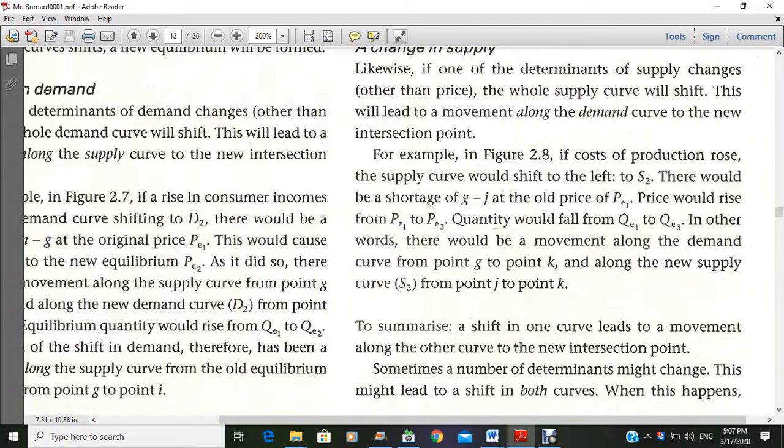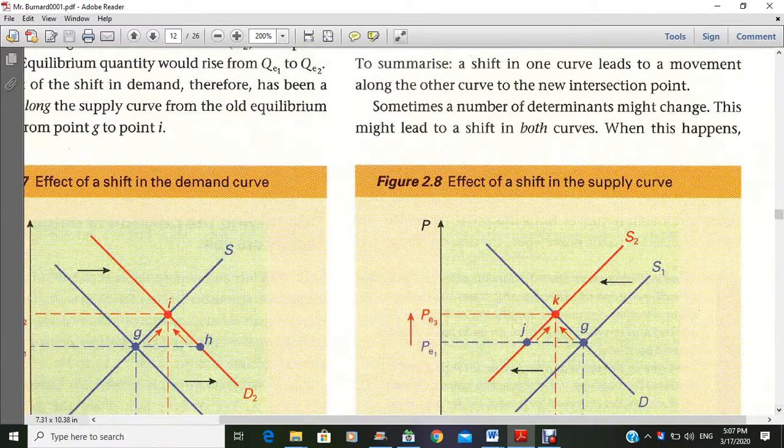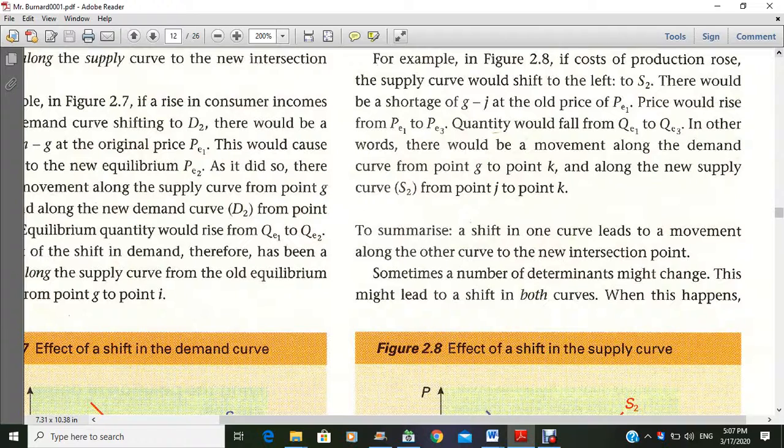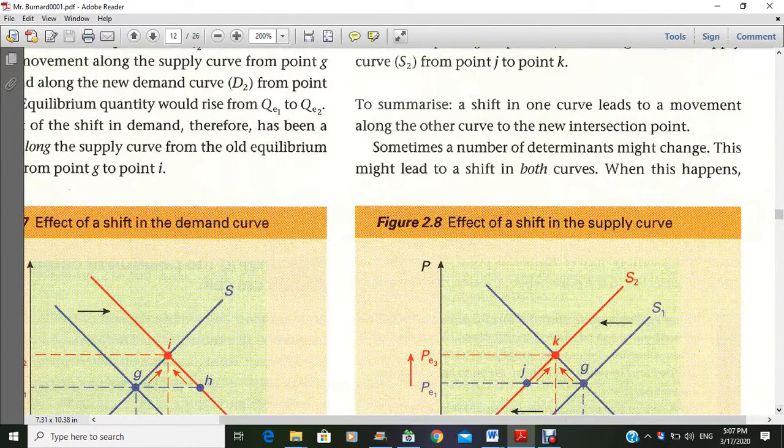In other words, there would be a movement along the demand curve from G to K and along the new supply curve from point J to point K. So look firstly at G to K on the demand curve, and on the supply curve from point J to point K. Alright?